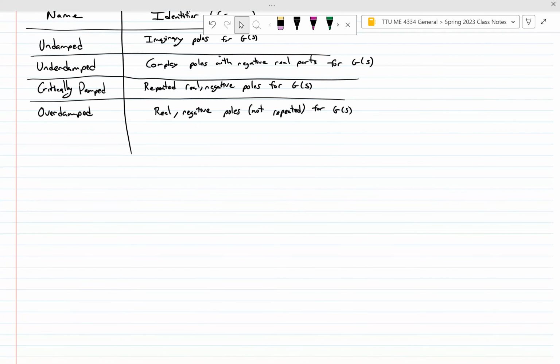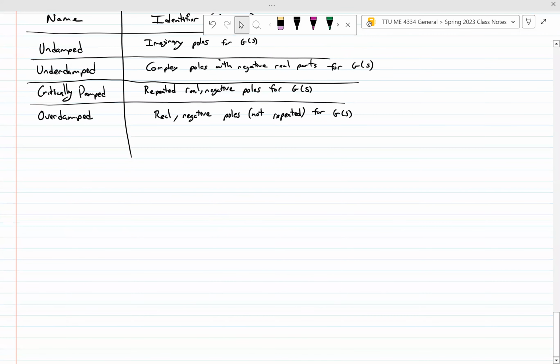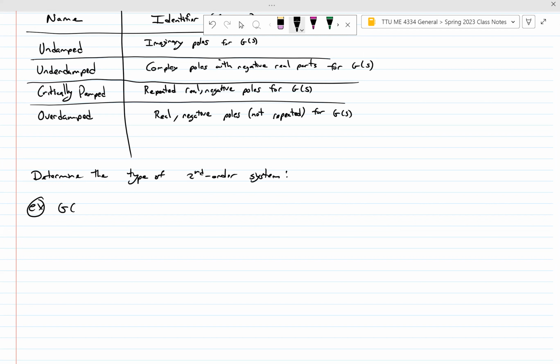Okay, couple examples to wrap up today. I want you to just determine the type of second order system for the following transfer functions. First one, G of S is equal to 15 over S squared plus 9S plus 8.